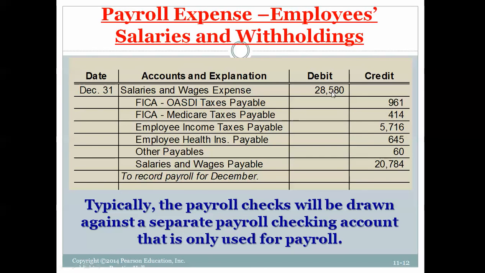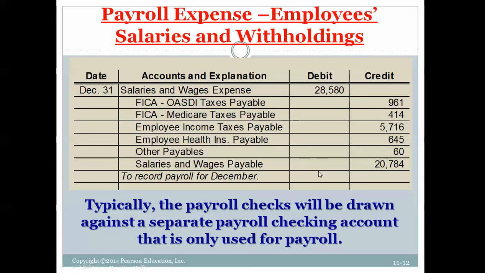Then we're going to take that expense and break out all the individual taxes that have been withheld, any kind of benefits or withholdings, and we're going to record finally the payable that is owed to our employees. This is the actual salary that they are going to get on their paycheck, with all of these others held in a trust fund or some type of fund, which will have to be sent to the individual agencies.